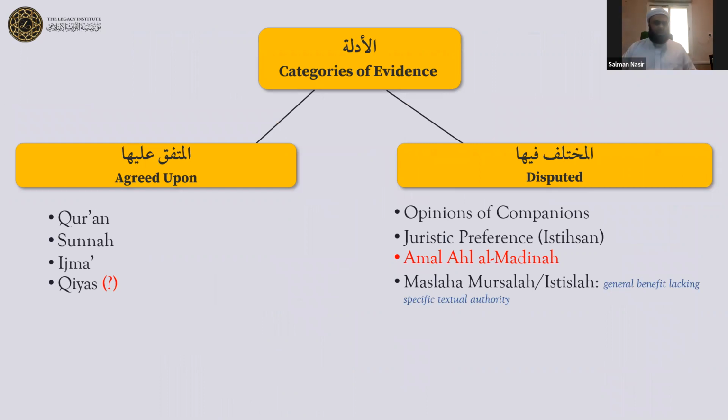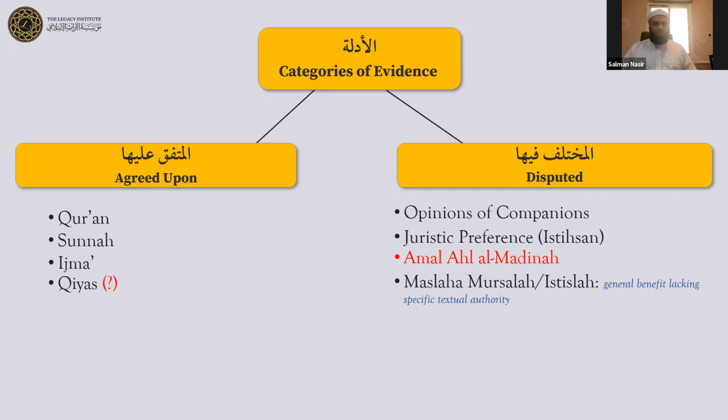So in terms of looking at the categories of evidence, or adilla, you will recall from our previous discussion that there are adilla that are agreed upon, and then there are adilla that are disputed.